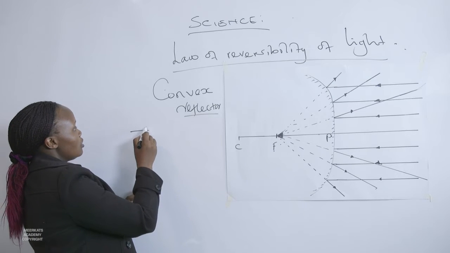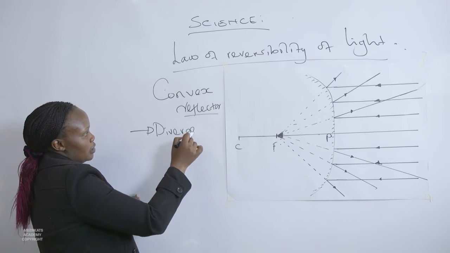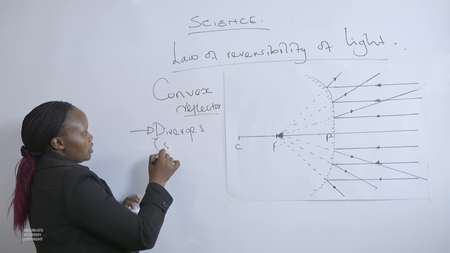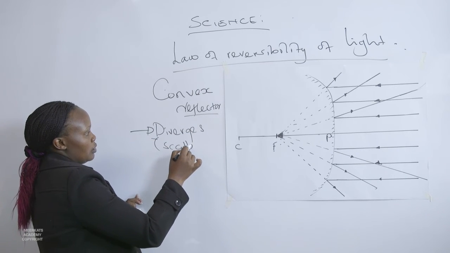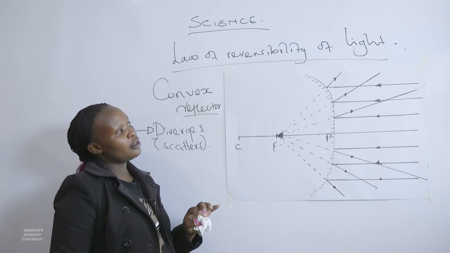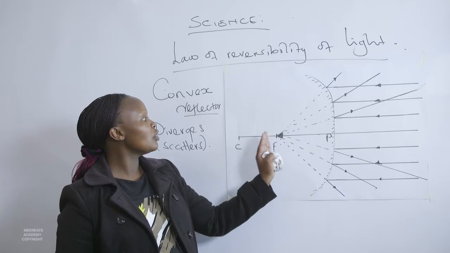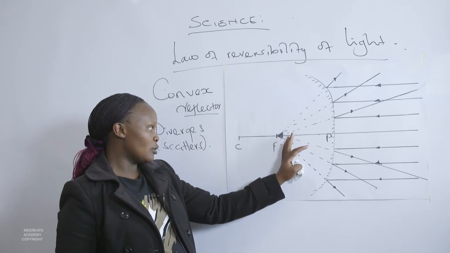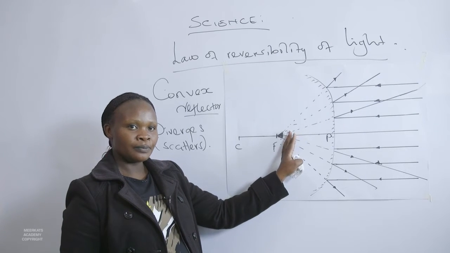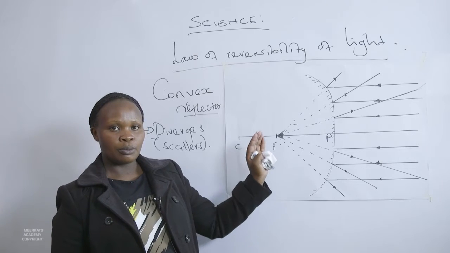Remember we said that this one diverges. It scatters the beam. Therefore, the rays of light after reflection will not actually pass through the principal focus, but they will appear to pass.